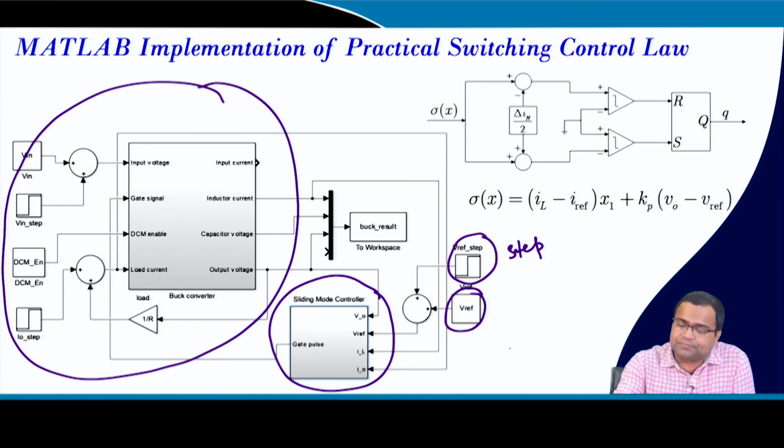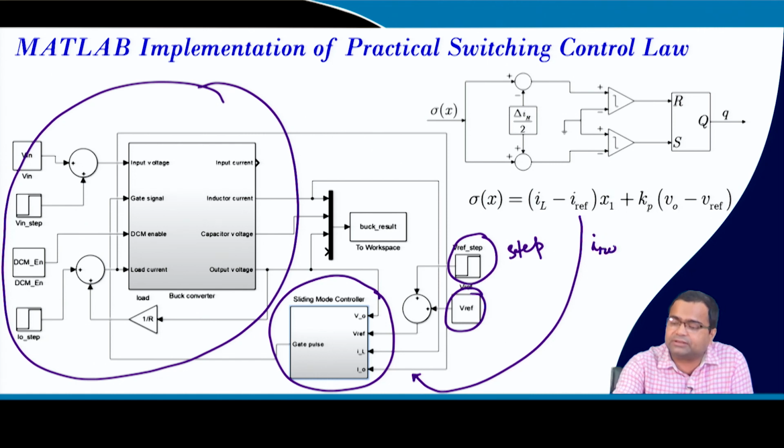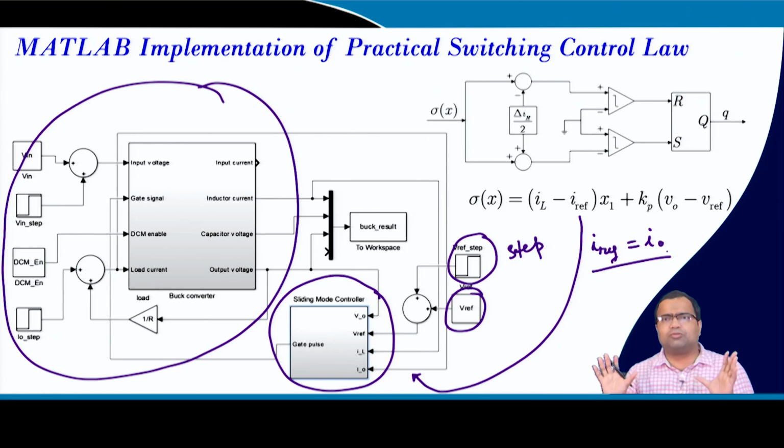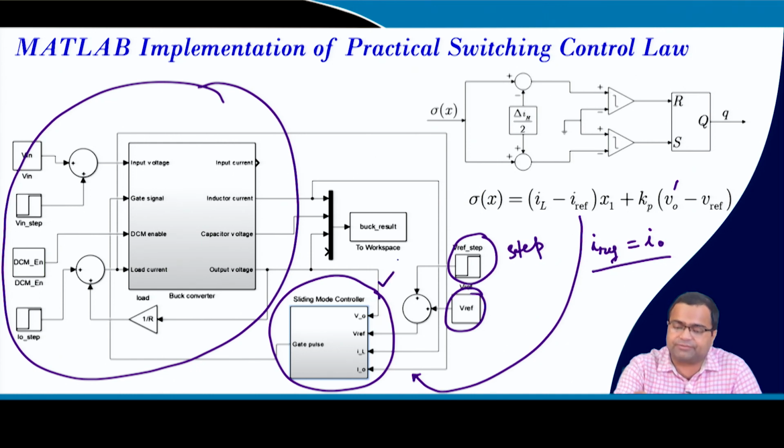You can see there is this Iref, which I have chosen to be the load current. It is not necessary to always choose the load current, because there are alternative ways of representation. And I need V0, this is my V0, this is my Vref, this is my IL, and this is my I0.